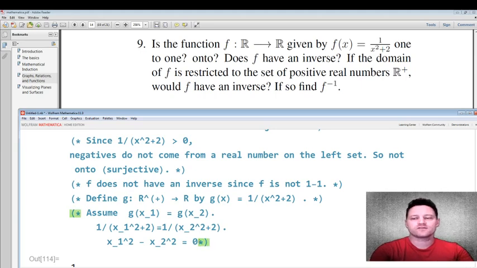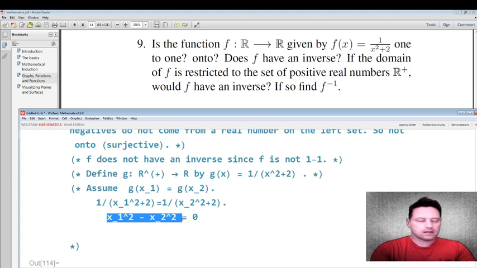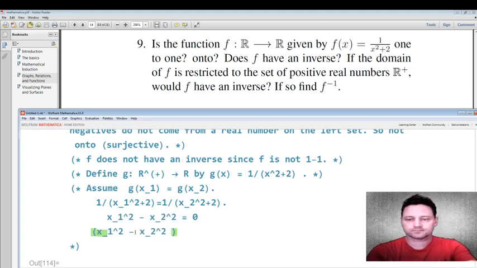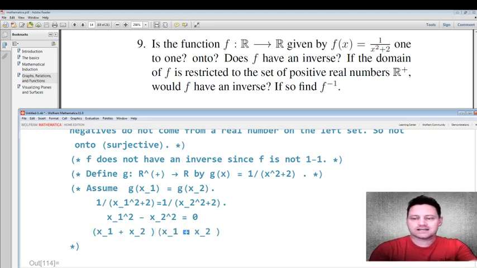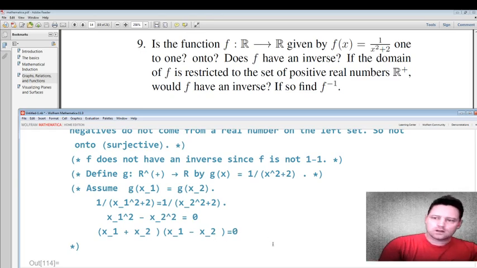So when we factorize, we have x1 plus x2 multiplied by x1 minus x2, and this is equal to 0. Now there are two possibilities: x1 is equal to minus x2, or x1 is equal to x2.